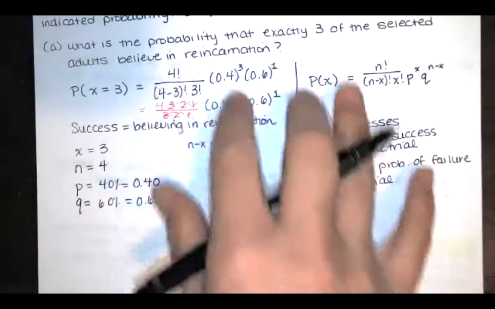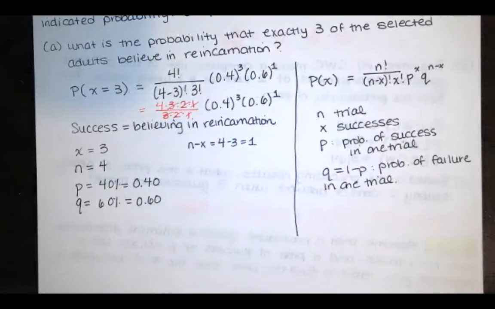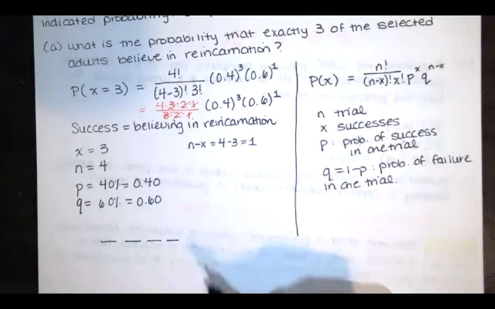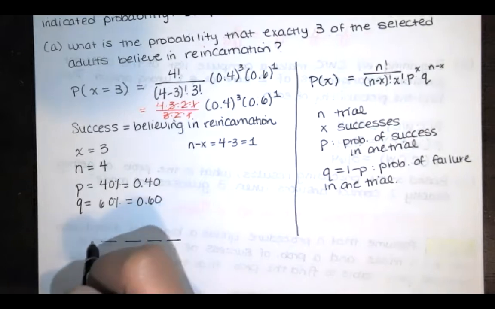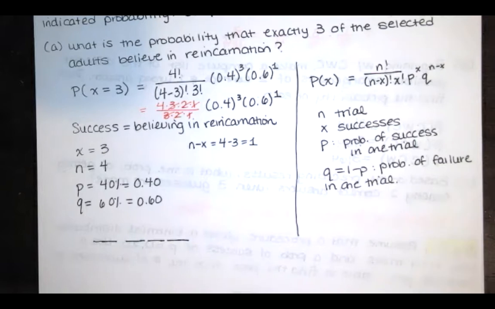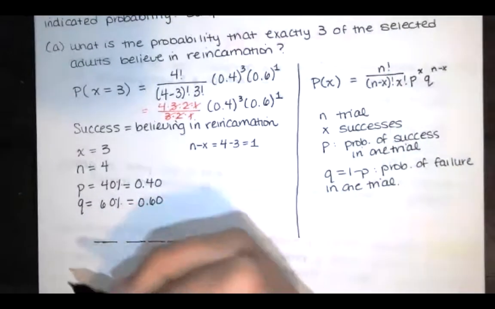So let's think about this particular example. We've got 4 adults, and we want the probability that 3 believe in reincarnation, and then there's 1 that does not believe. Well, maybe the first one does not believe.